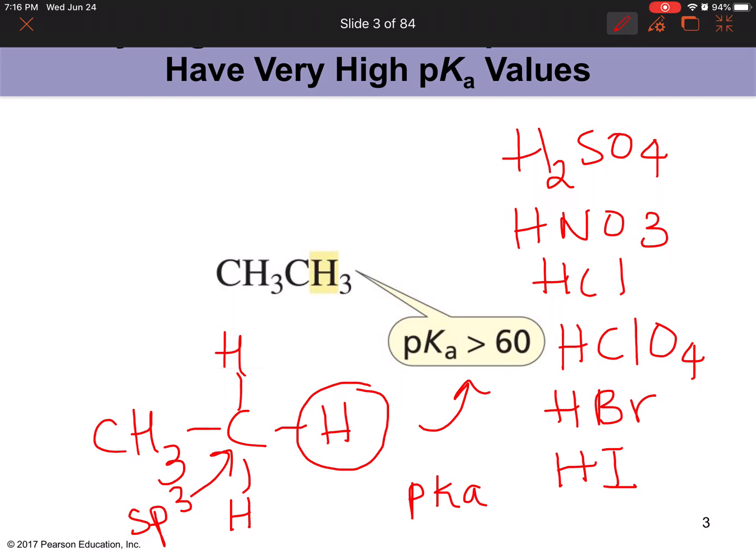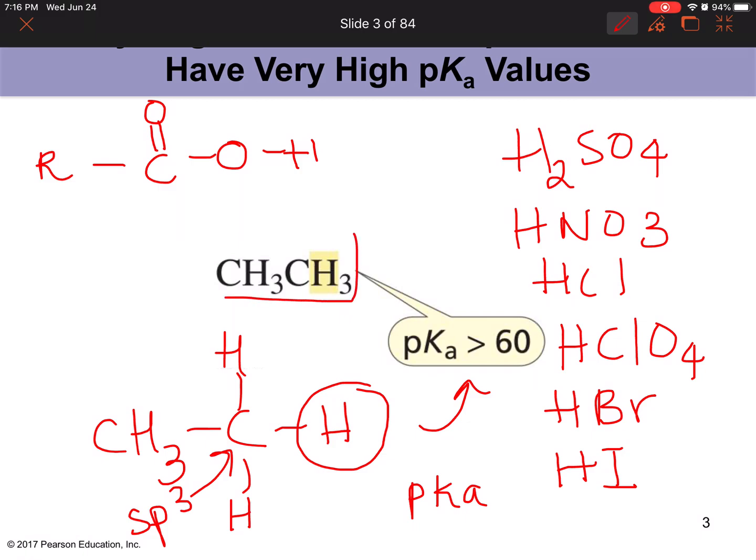Now in organic chemistry we have a lot of organic acids, and some of the organic acids are carboxylic acids. Carboxylic acids have this functional group, and then you can have a different alkyl group. If R is H, that's formic acid, CH3 is acetic acid. So those are carboxylic acids. And also we can have other acidic hydrogens.